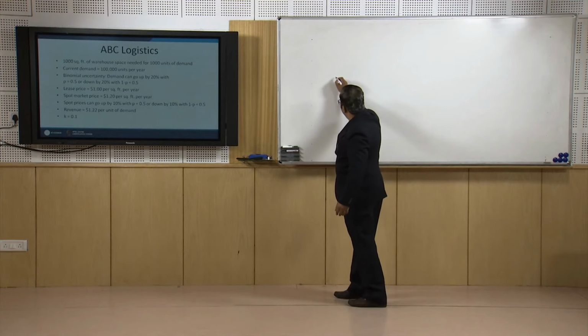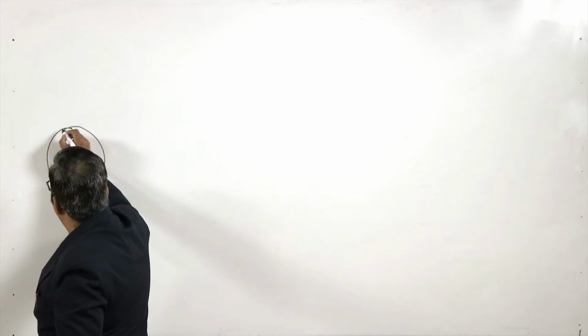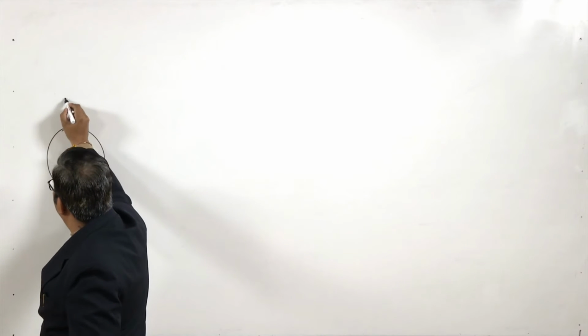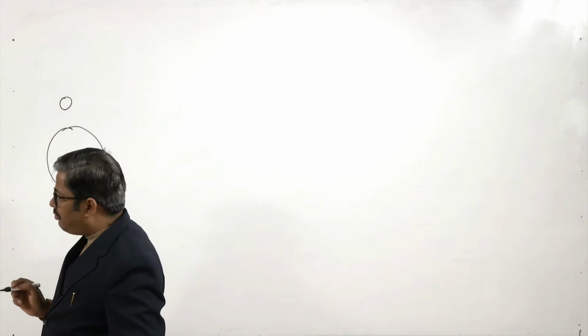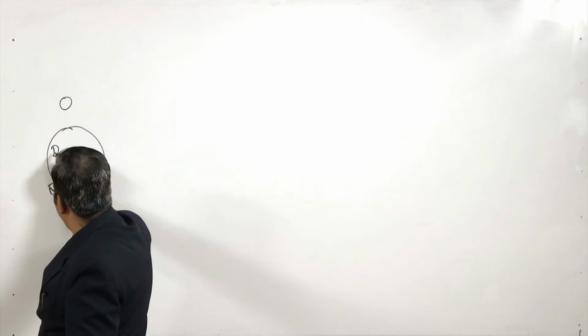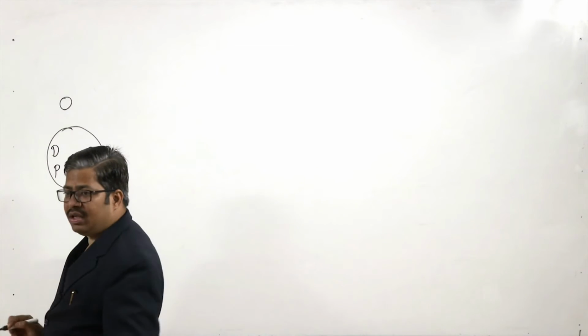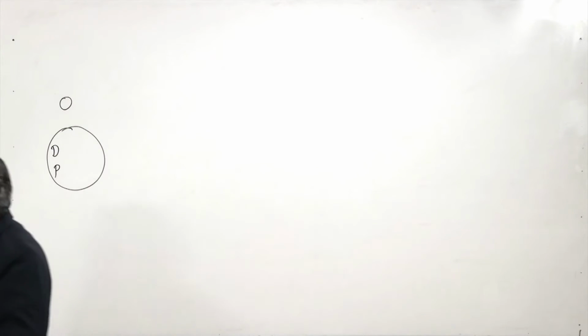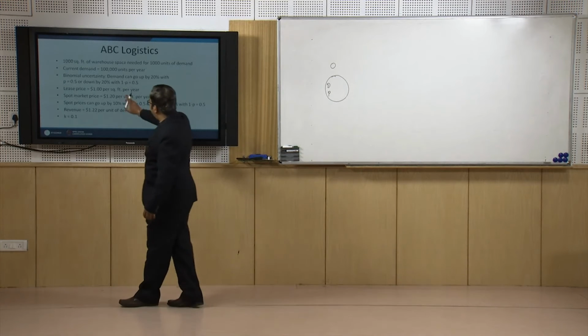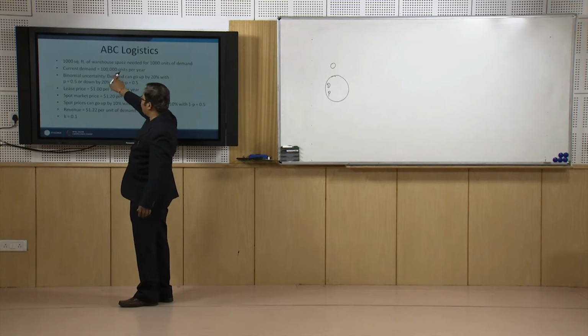First is the time T0, the period 0, where you have some demand and the price of the spot market. Initially the current demand is, let us say, 100,000 units.